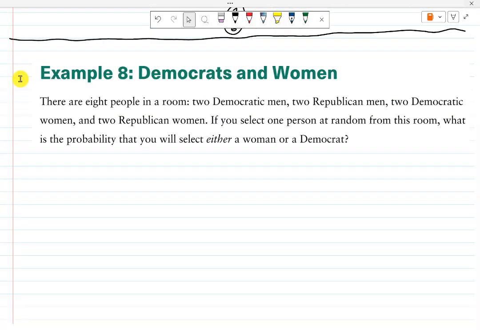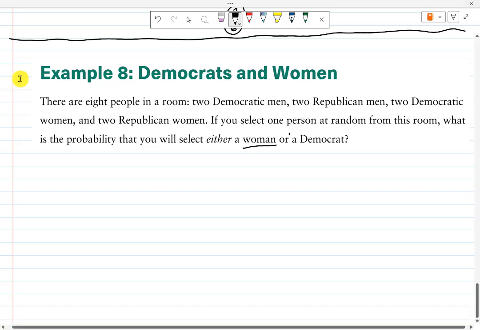Okay, we have 8 people in a room: 4 men, 4 women, and 2 Democrats and 2 Republicans of each. We want to select one person at random from this room. What is the probability that you will select either a woman or a Democrat?